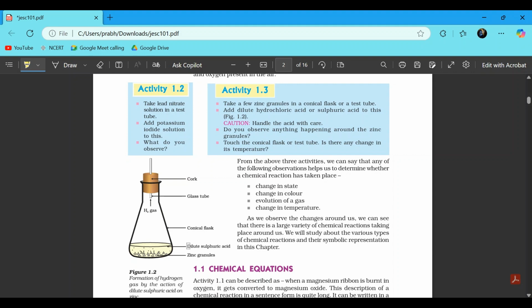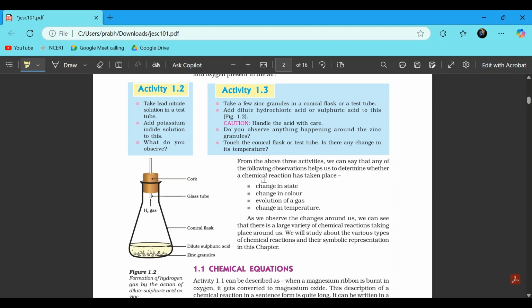Dilute sulfuric acid is taken in the conical flask and you observe the changes. From this activity you see there is a change in state, a change in color, evolution of gas, H2 gas here, and a change in temperature.